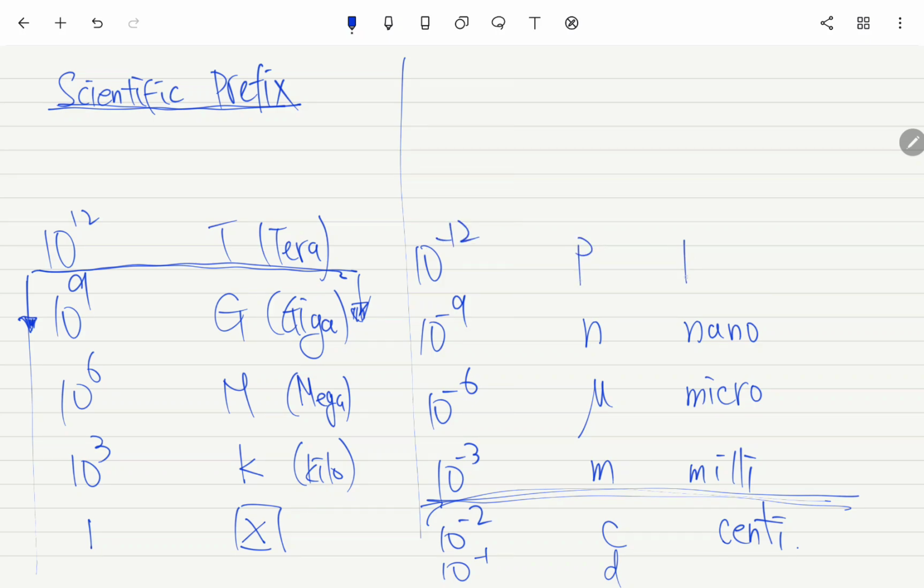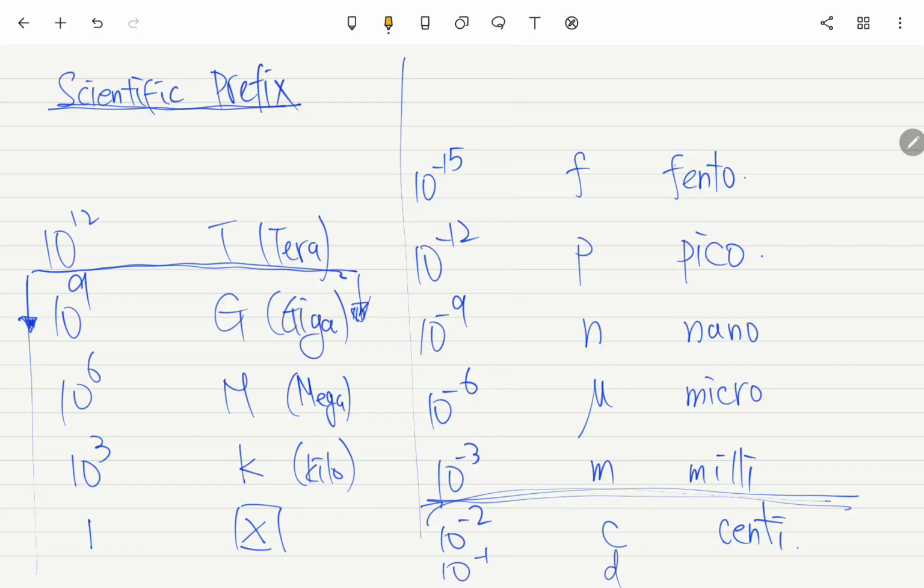And then 10 to the negative 12 is pico. 常常听那个什么皮秒镭射，皮秒镭射就是这个 pico。And then 10 to the negative 15 is femto，就是飞。10 to the negative 18 is atto, but seldom used in the physics class.